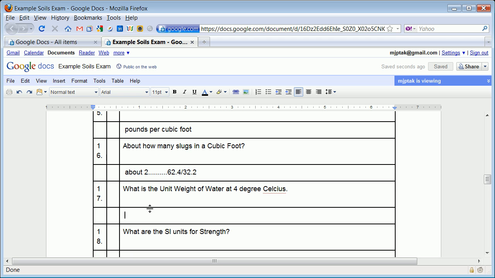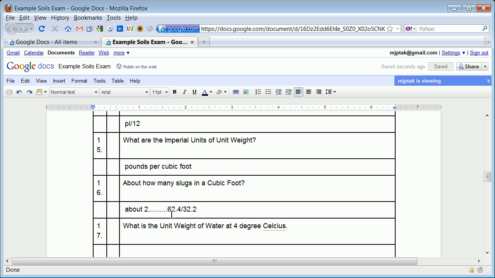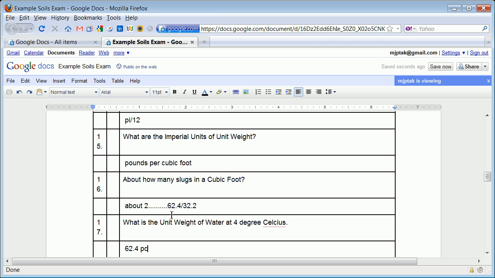What is the unit weight of water at 4 degrees Celsius? 62.4 PCF, or 9,800 newtons per cubic meter.